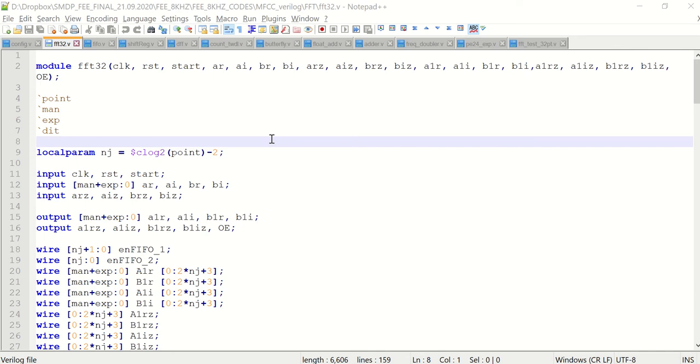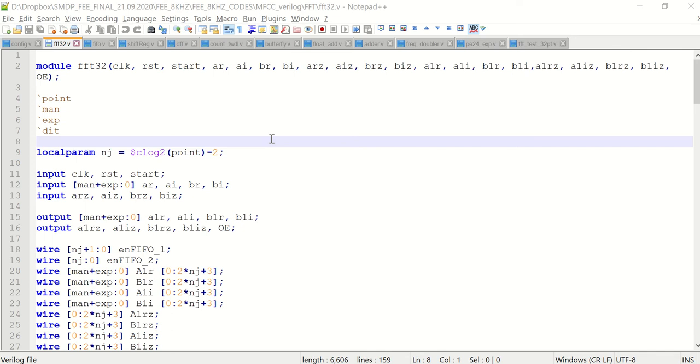So basically, in a fast Fourier transform algorithm, the basic idea is that the complete sequence of samples is divided into two halves, that is odd samples and even samples, and again these odd samples are divided into half of odd and even, and so on and so forth.